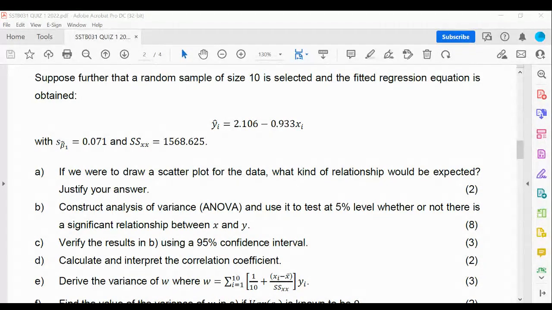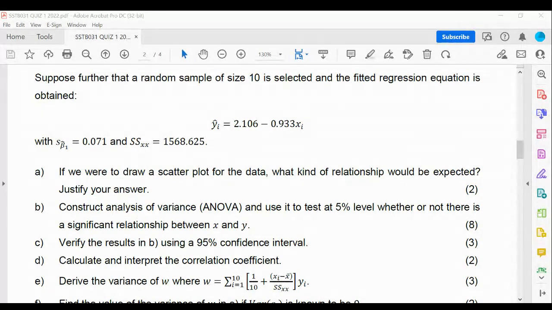So that's what we are going to get. And there are those who said strong negative, or they just said negative relationship, because when the values of x increase, the values of y decrease, something like that. Again, you see that from the beta. So you have to tell us that because of the beta, this is the situation. If you don't say anything about the slope, it is questionable whether you are copying somewhere, because you didn't capture everything.